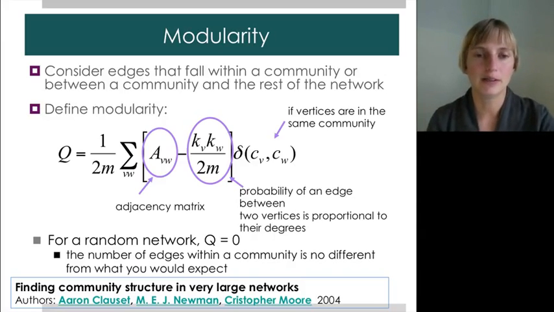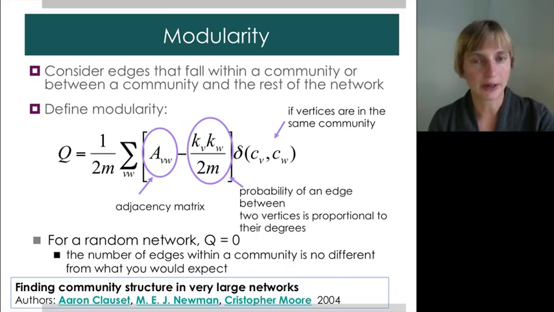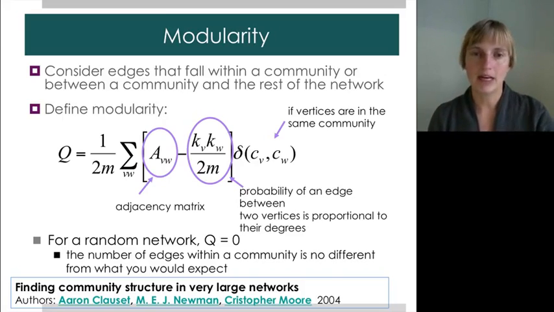So Girvan and Newman went back and formulated this measure of modularity, which is going to tell us, at some point, we're going to maximize this quantity. And when we do that, we're going to have the most edges within the community, much more so than you would expect at random with this particular community partition.